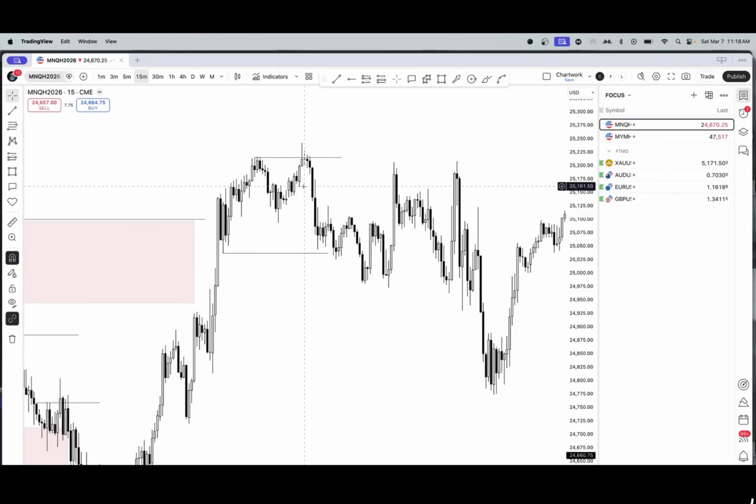So let's look at what price gives. Already, price induces buyers after taking out this area here. And then notice how we come back and respect it. Good, cool. Now, some of you may argue, hey, Elijah took this internal. Does that mean anything?